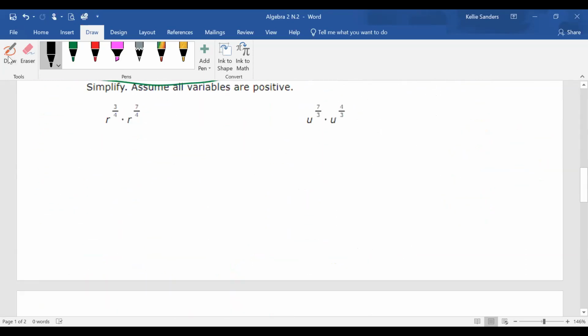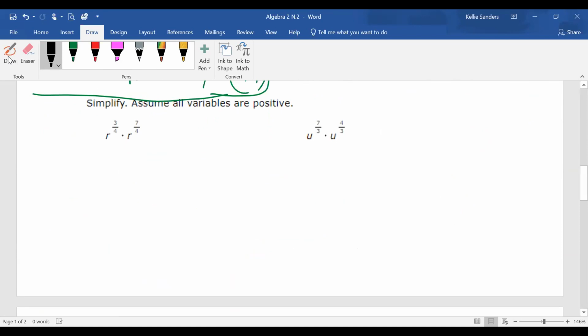Okay, now here's the difference. On everything that we've done so far, the exponents have been the same. But what's the same now? The bases. The bases are the same. Before, the exponents were the same, so we multiplied the bases and kept the exponent.